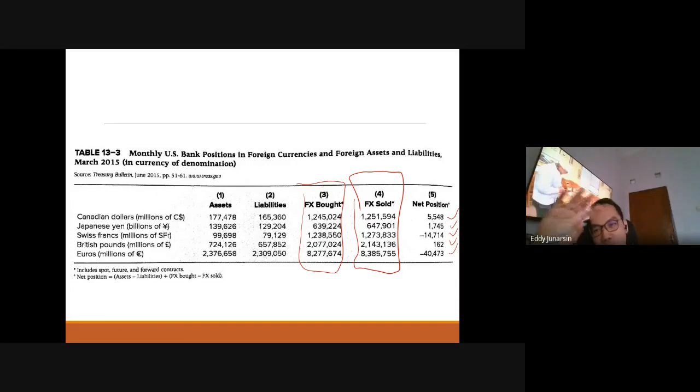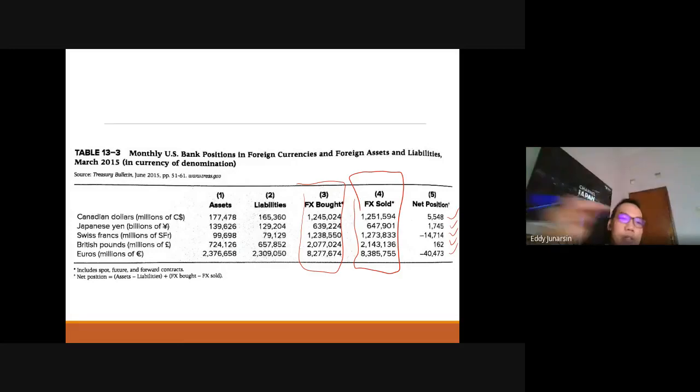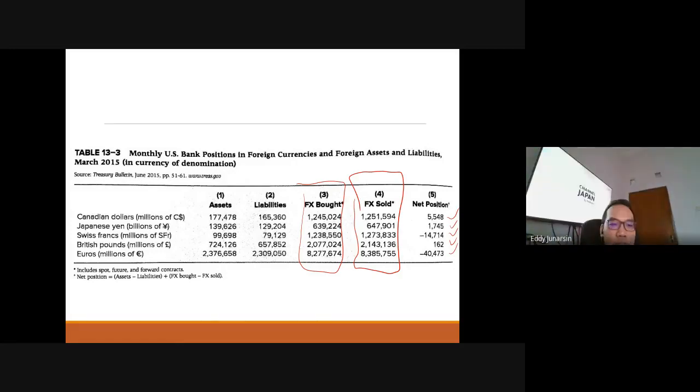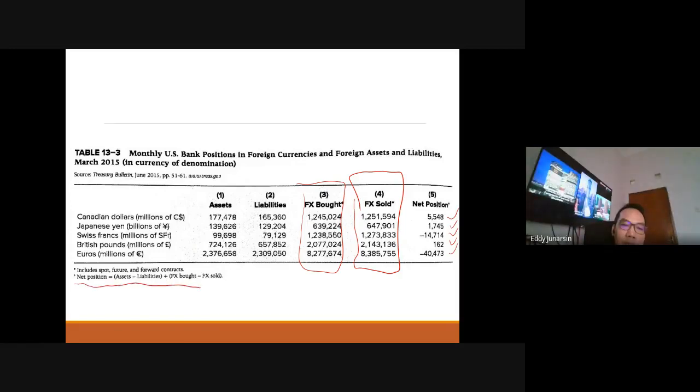It is better to see the whole net position, because this will tell you the net exposure for every currency in a bank or in the whole system of banking in a country. So again, net position is the difference between assets and liabilities, and also between long and short position.